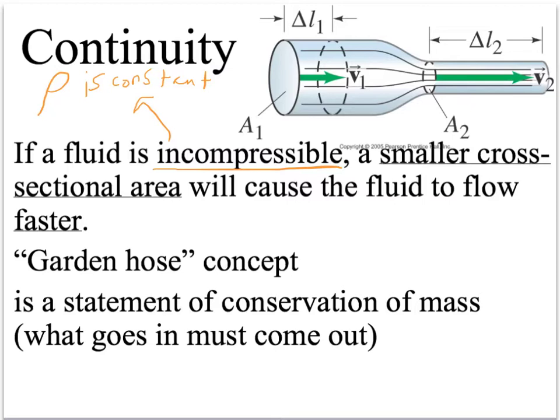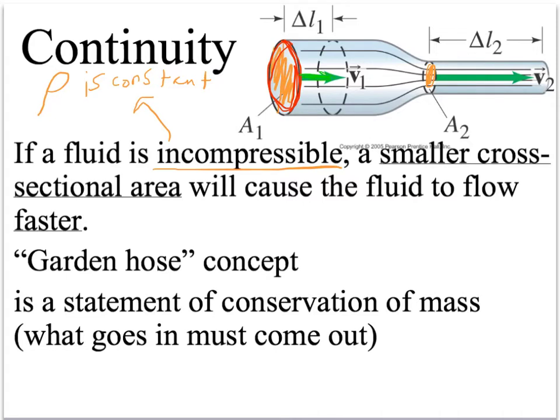So if a fluid can't be squeezed, a smaller cross-sectional area will cause the fluid to flow faster. These things right here are the cross-sectional area, meaning if I just split a pipe through, that's the cross-sectional area. So in this diagram at the top, when the fluid is in this larger area, so it has a large cross-sectional area, the velocity vector is smaller.